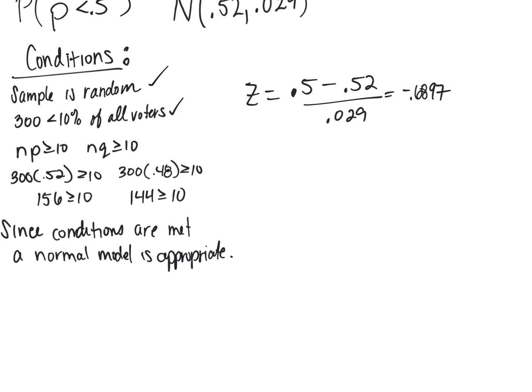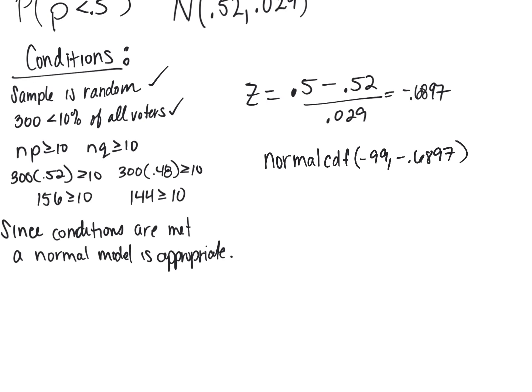Normal CDF. Is it negative 99 comma my z-score or my z-score comma 99? I want less than 0.5. So it should be negative 99, right?